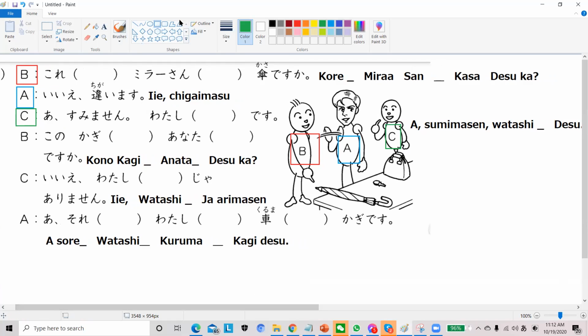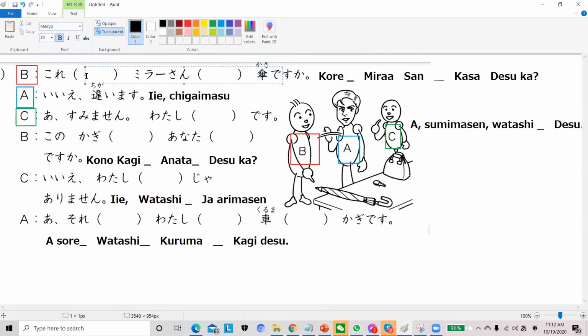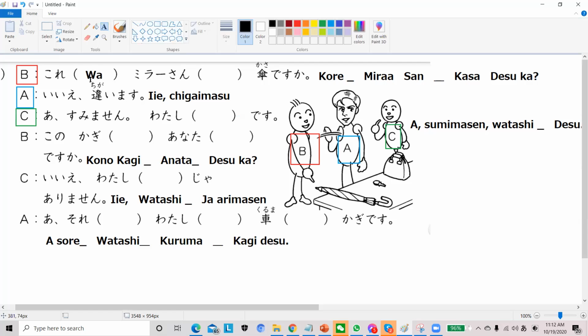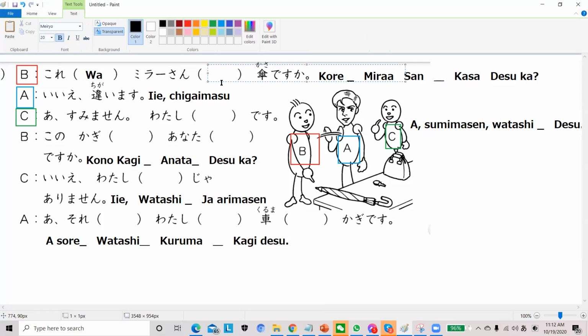はい、これは皆さんの傘ですか？ Okay, so it will become kore wa, because of our topic. Remember, if you're going to use kono, sono, and ano, it is always followed by a noun. But kore cannot be followed by another noun. Mira-san no kasa desu ka, because there will be a possession.